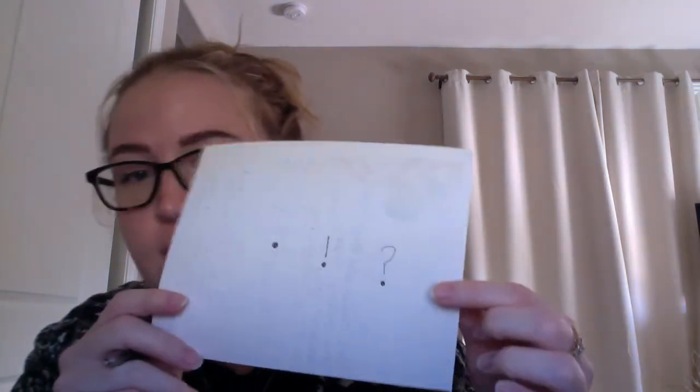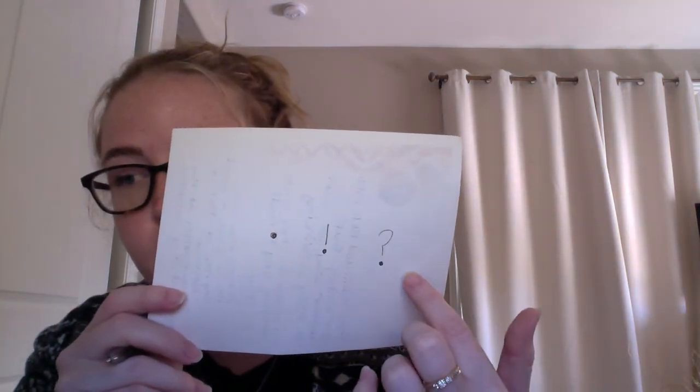Okay? Or here's another one. If you want to ask the reader a question, such as, do you like seeing trash on the street? You would put a question mark at the end of your sentence, just like this. Okay?